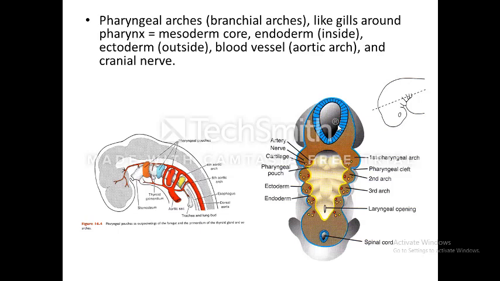نيجي نشوف what's the meaning of the pharyngeal arches. إذا نشوف هذا الإمبريو، ناخذ section من عنده، ونيجي ننظر له من الداخل.